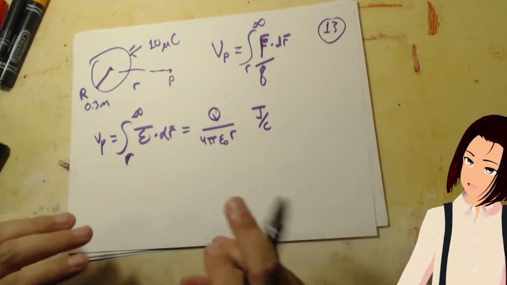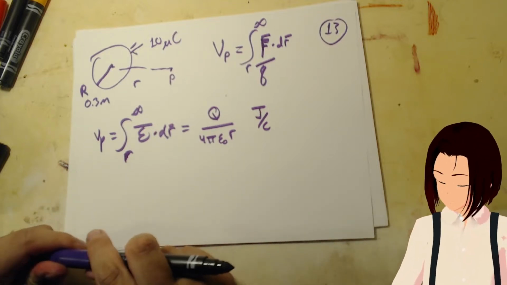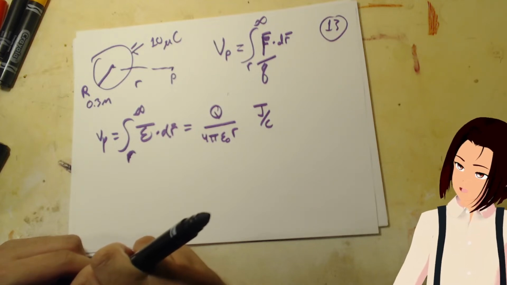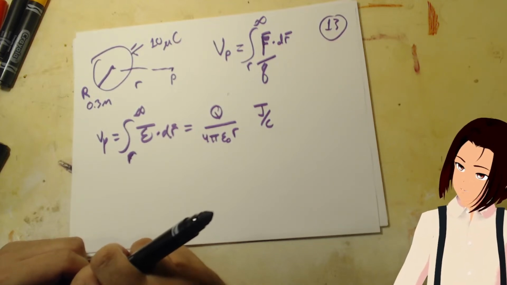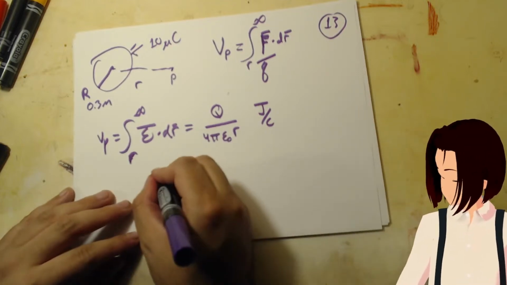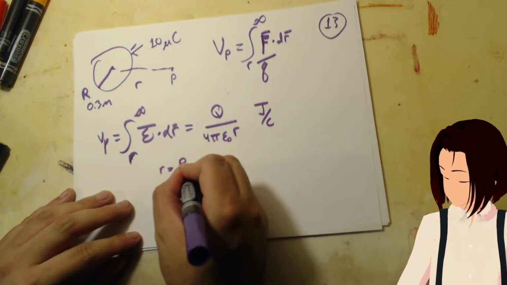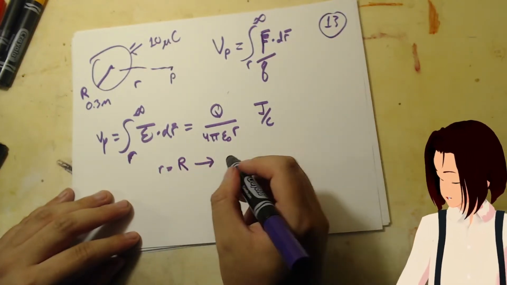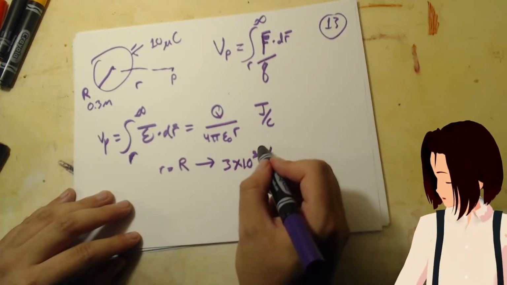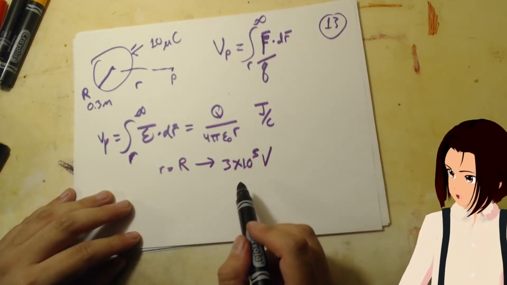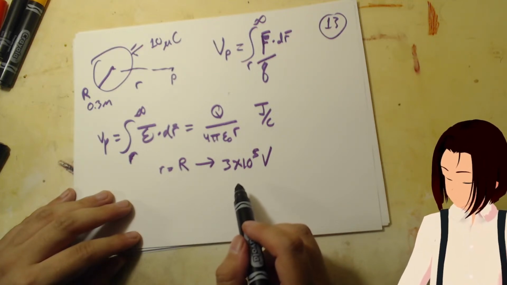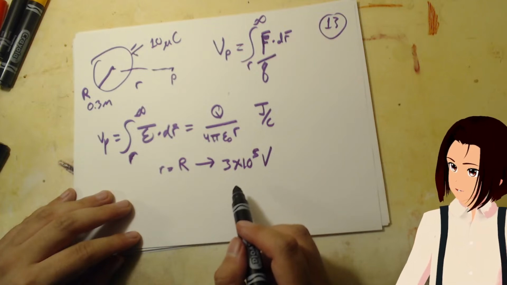Okay, so I was playing games with you guys. What if we were on the surface of the Van de Graaff? If little r equals big R, we would get about this electric potential, about 300,000 volts.